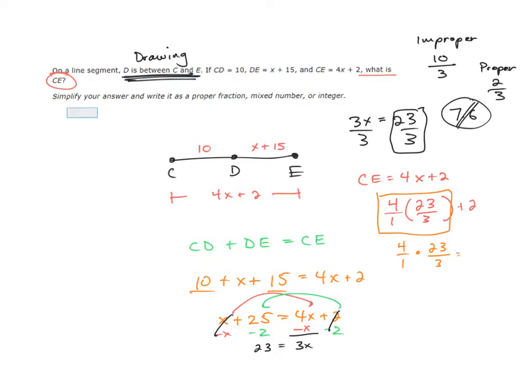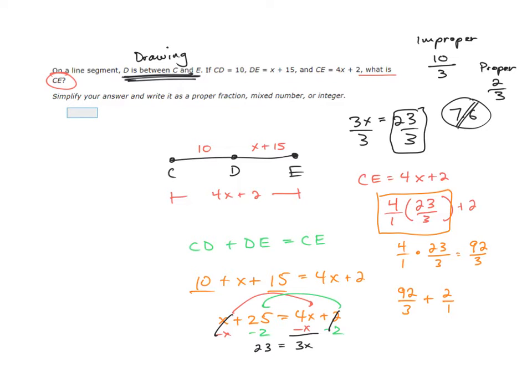And we get 4 times 23, and we get 92 over 3. Then we take the 92 over 3 and we add 2 to it, or 2 over 1.